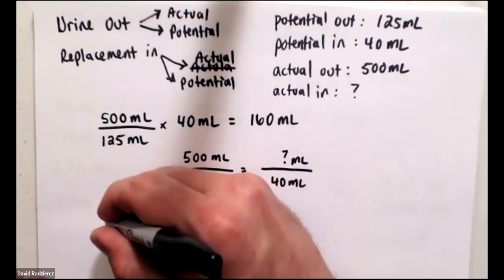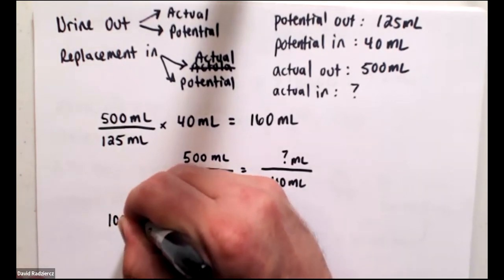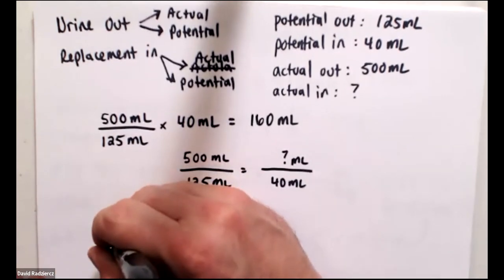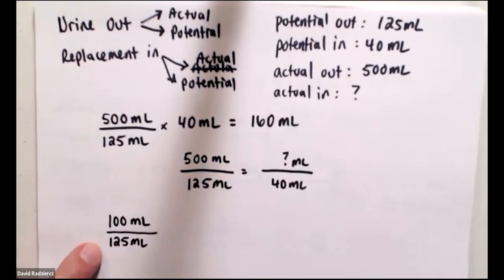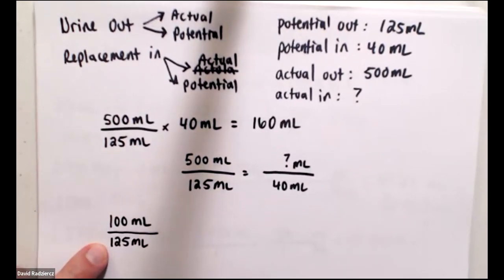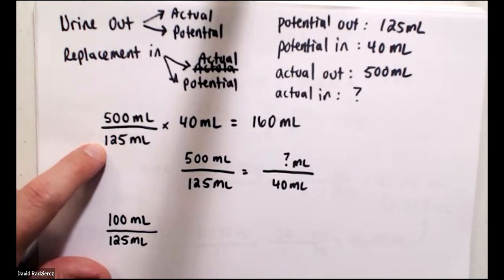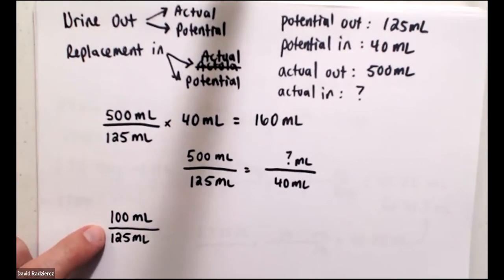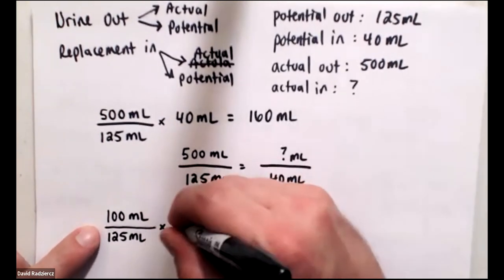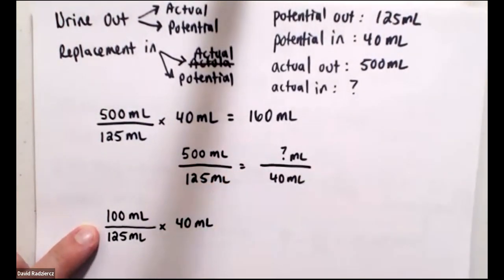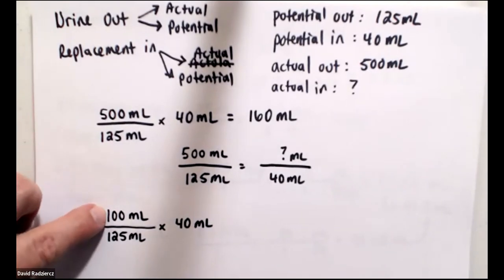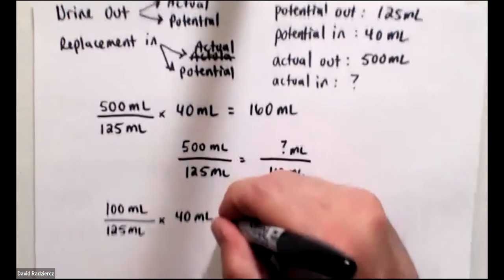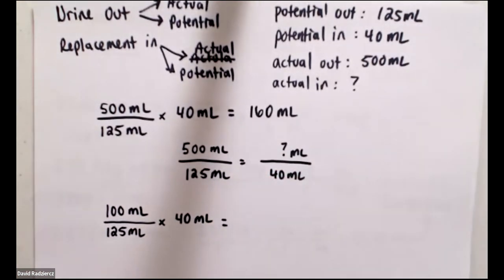And so if my actual output was only 100 milliliters, it's still over the original, but notice that now that number is bigger on the bottom, where it was smaller on the bottom in this example. This is a smaller actual output, but I'm still going to set it up exactly the same way. I'm going to put my actual output over my original output times the replacement volume, and I'm still going to calculate it the same way.